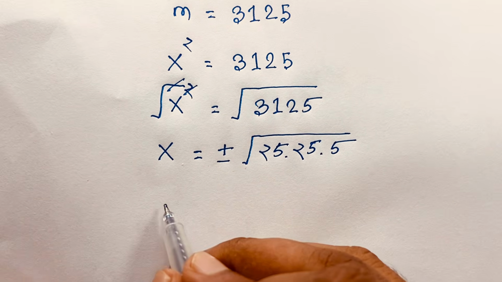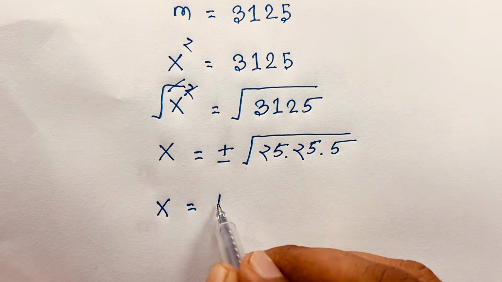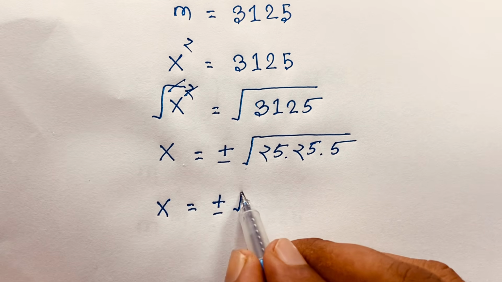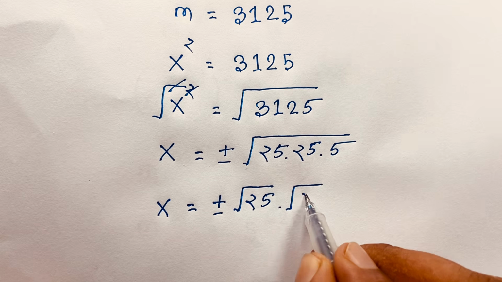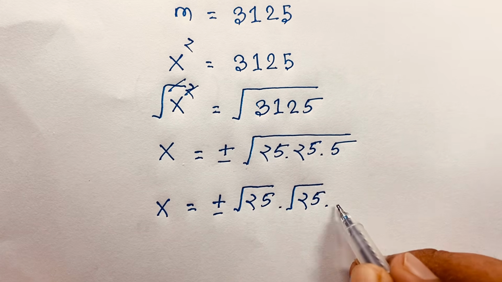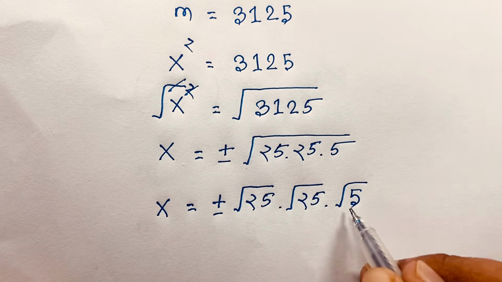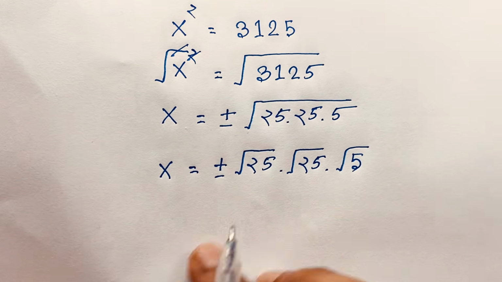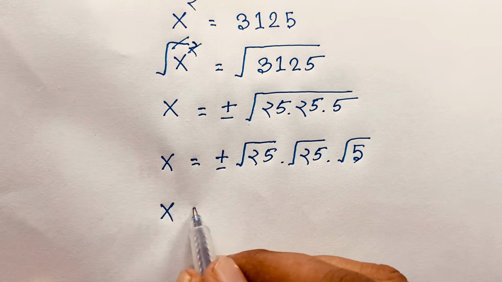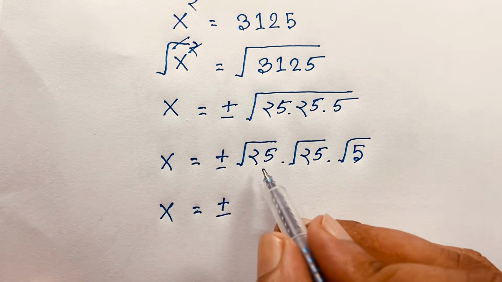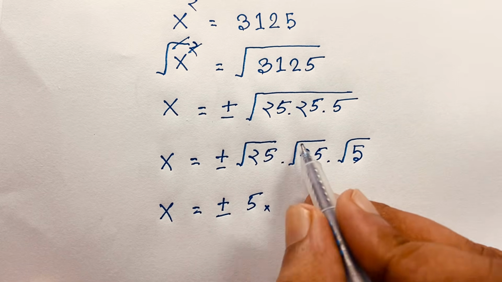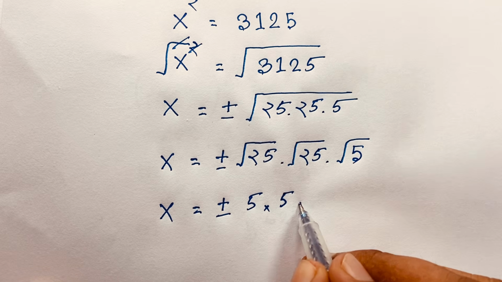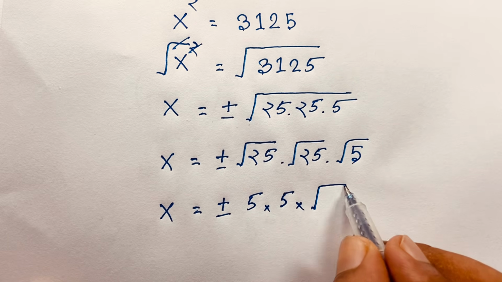Now x is plus minus the square root of 25 times the square root of 25, and I separate the square root of 5. Now at this moment, you can say x is equal to plus minus, the square root of 25 is 5, times the square root of 25 which is 5, times the square root of 5.